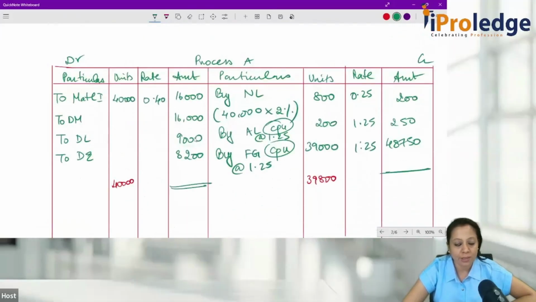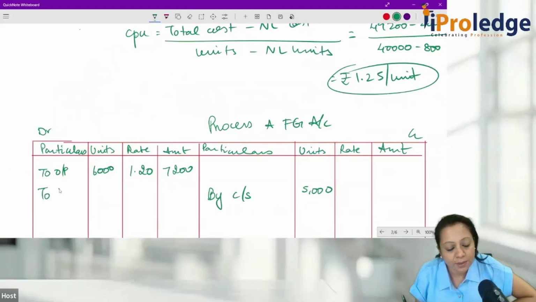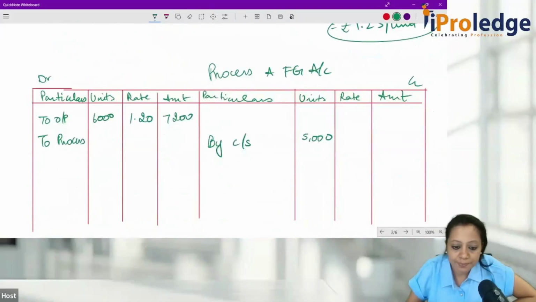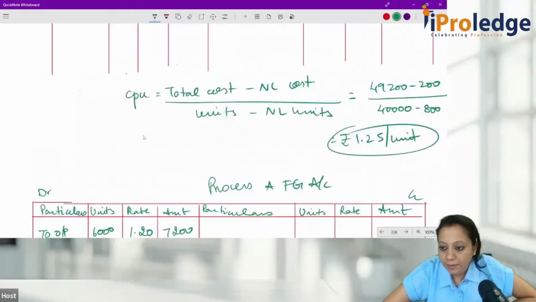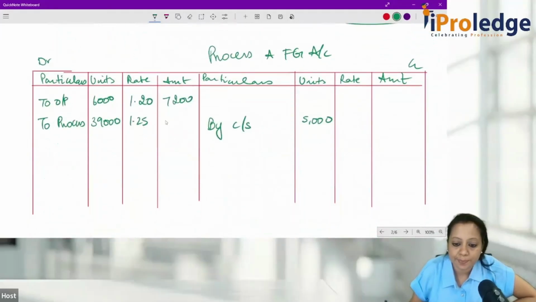In process account, we wrote by FG. That means here I will come and write what? To process. Wonderful, ma. So how much is the units? 39,000. 1.25. 48,750. Right.